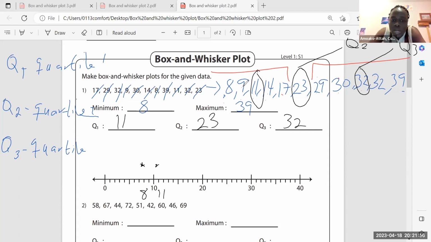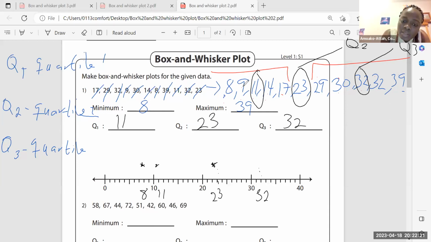What about our 23? Our 23 is the same thing. After counting the lines, this will be the 23, right? So we have our 23 over here, that is this line. We trace it up and our dots will be over here. Then we get our 32. So our 32 would also be here.